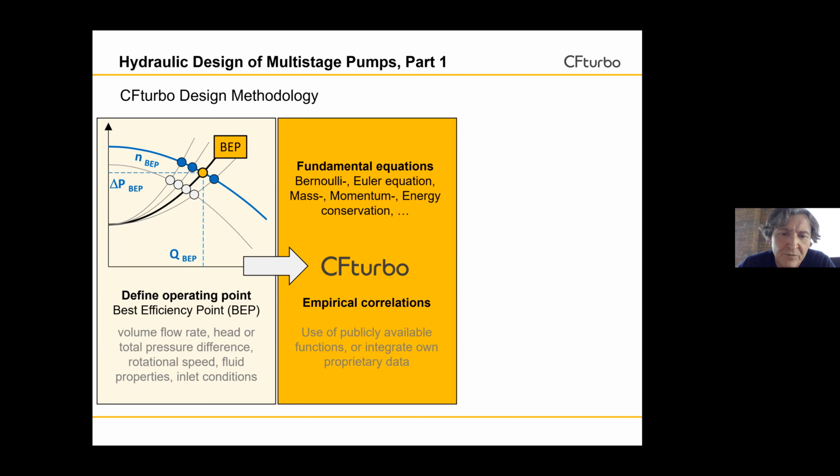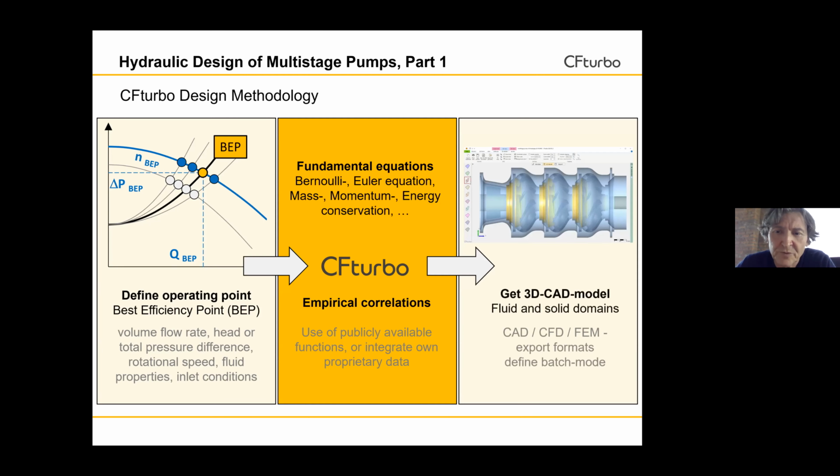These empirical correlations are publicly available, or you could also use your own data in CF Turbo. And the output would be then a 3D CAD file for the fluid and for the solid domains, which can be used later for detailed CAD drawings or for CFD and FEA simulations.